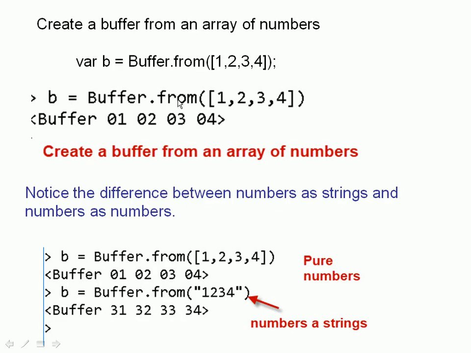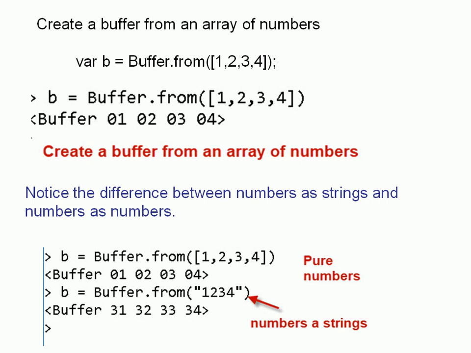We can also create a buffer from an array of numbers, so 1, 2, 3, 4, and this is what the buffer looks like when we do it. Now, these are actually hexadecimal. If I were to look at this in binary, I'd see 0, 0, 0, 1, etc. There is a difference between pure numbers and numbers represented as characters or strings.